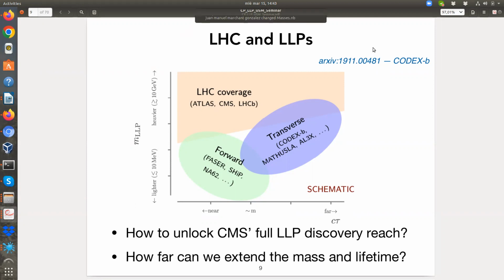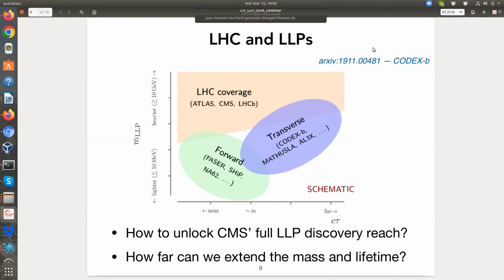Obviously the funding agencies need to decide which ones to fund and what the complementarity is between the LHC main program and these new experiments. This is the understanding that we currently have. The LHC is good, obviously, for high masses. That's what we're supposed to do. We have good acceptance, and our detectors are pretty big, so we cover a lot of the C-tau range.